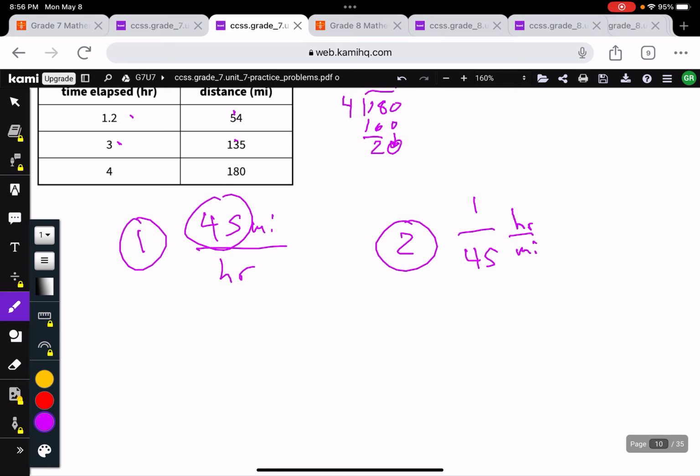The first one is easy. It goes 45. What does 45 mean? It means it goes 45 miles in 1 hour. The second one says it goes 1/45th. In 1/45th of an hour, it goes 1 mile.